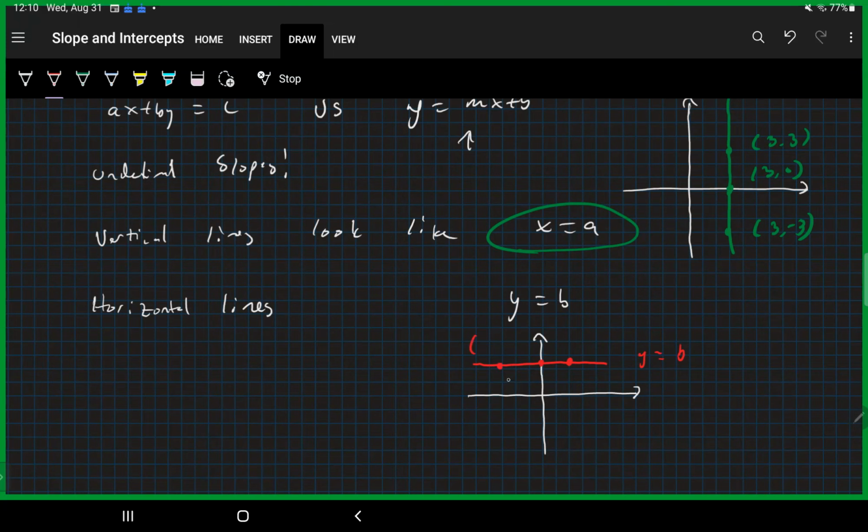Let me draw that a little bit neater. My hand is not cooperating today. There we go. I like that better. So if this is y equals 2, I get 3, 2, 0, 2, negative 3, 2. It doesn't matter what my x value is, my y value is always going to be 2 in this case. So that would give me a horizontal line.